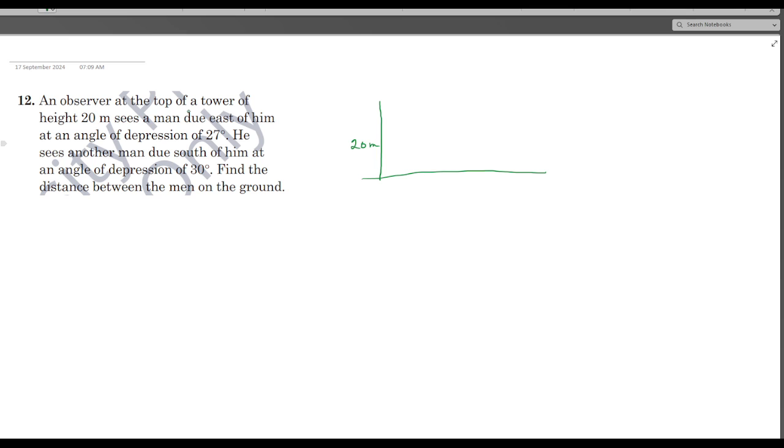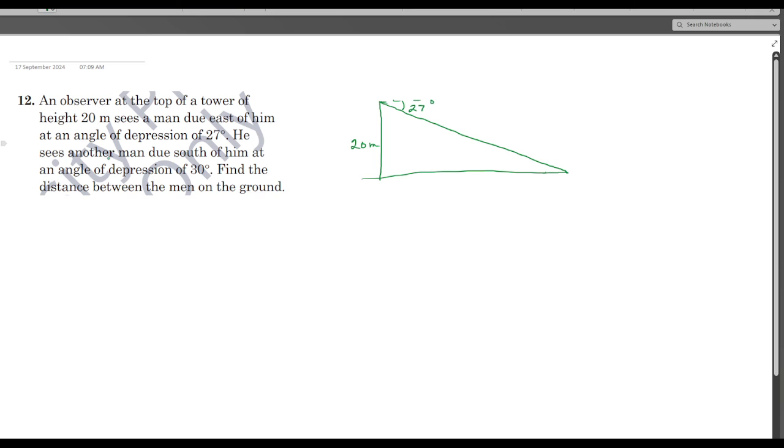So here the angle of depression is 27 degree.